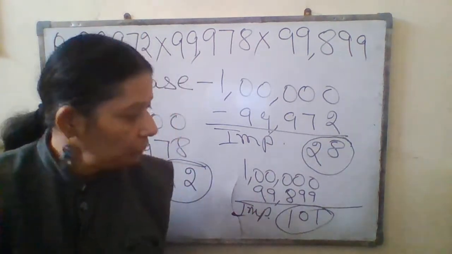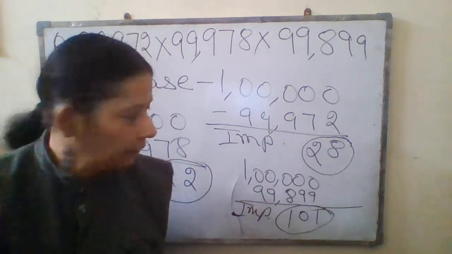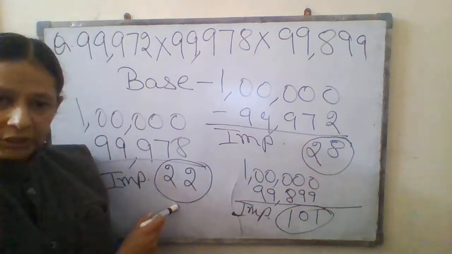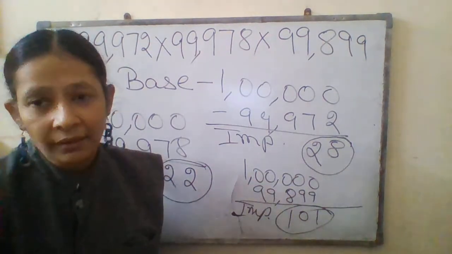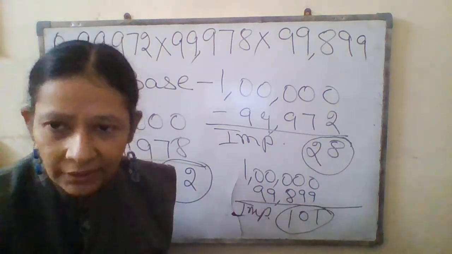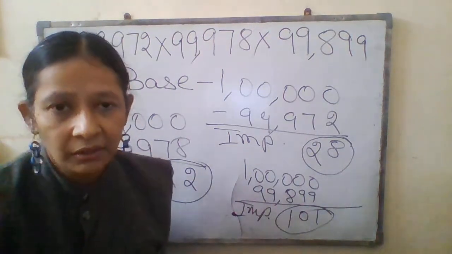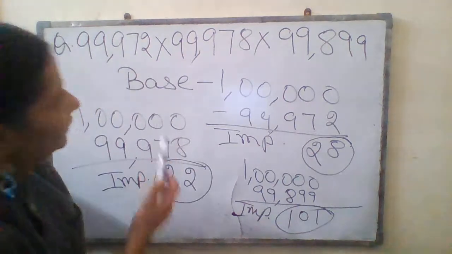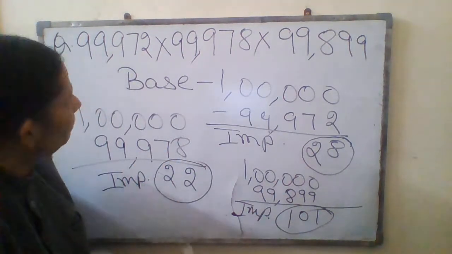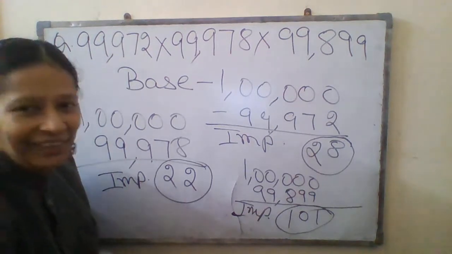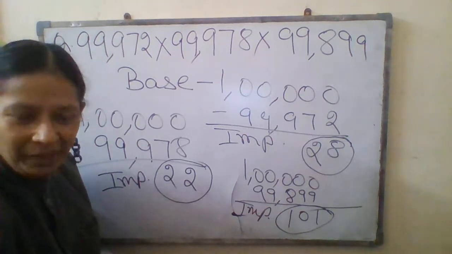I have to use the tricks for this 22, 28 and 101. And this is so interesting. If you look at this question itself, you will take a lot of time in competitive exams, definitely.